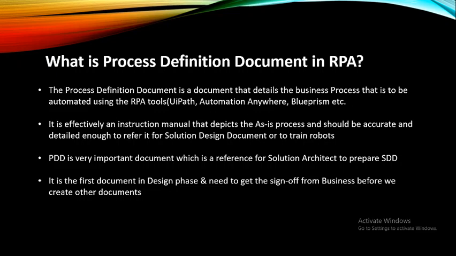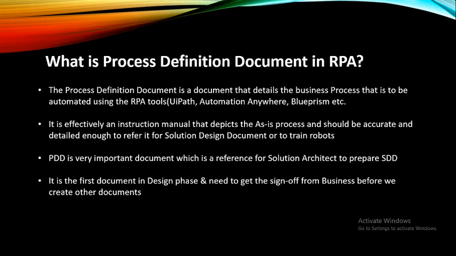So the process definition document is very important, as I told you, because it is a reference for the solution design document, and also it is the first document in the design phase. Once you complete it, you'll have to get it signed off by the business in order to move forward.